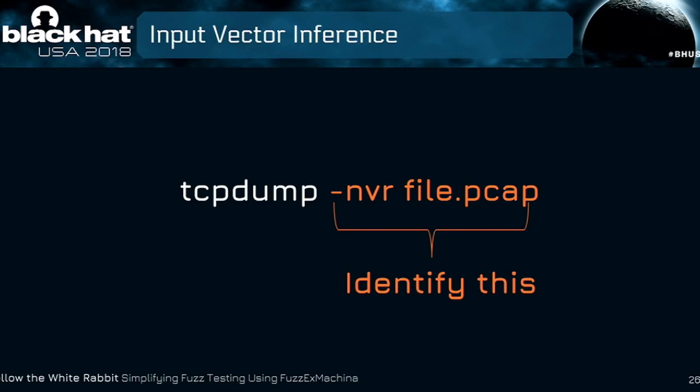So to give you some intuition on what this means, say you would like to fuzz tcpdump. Then what you would need to identify is the parameter -nvr and then the path to a file, so that tcpdump then reads this file. We would also like to identify that tcpdump actually parses PCAP files, but that's going to be a later step.